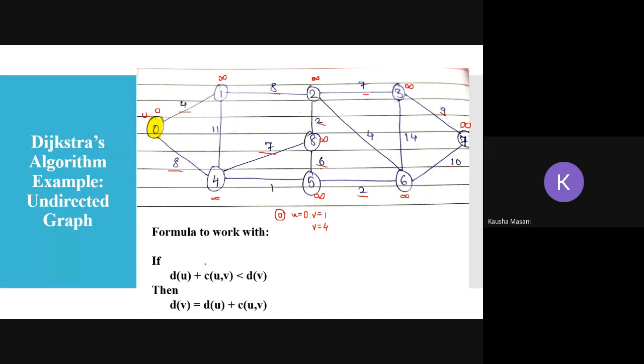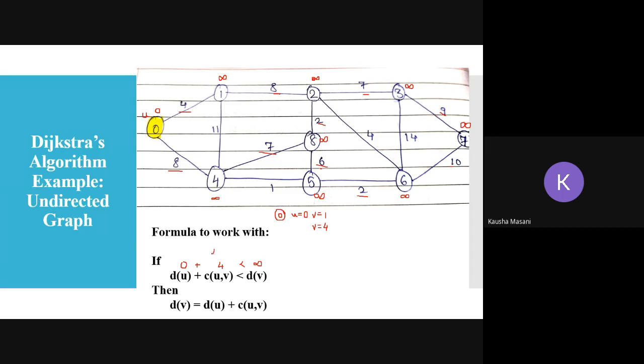Starting from U 0, V 1: distance of U, that means distance of vertex 0, is 0, plus the cost to reach from 0 to 1, which is 4. And what is the distance at vertex 1 currently? Infinity. Correct.